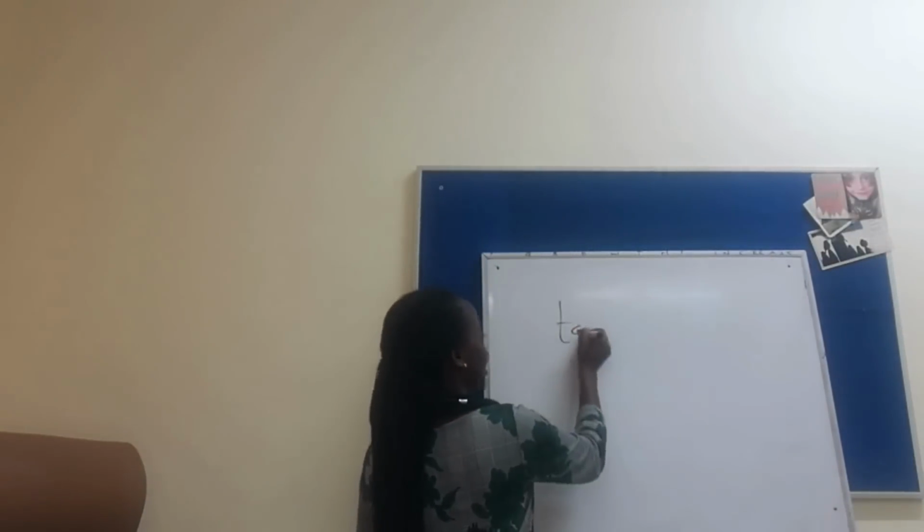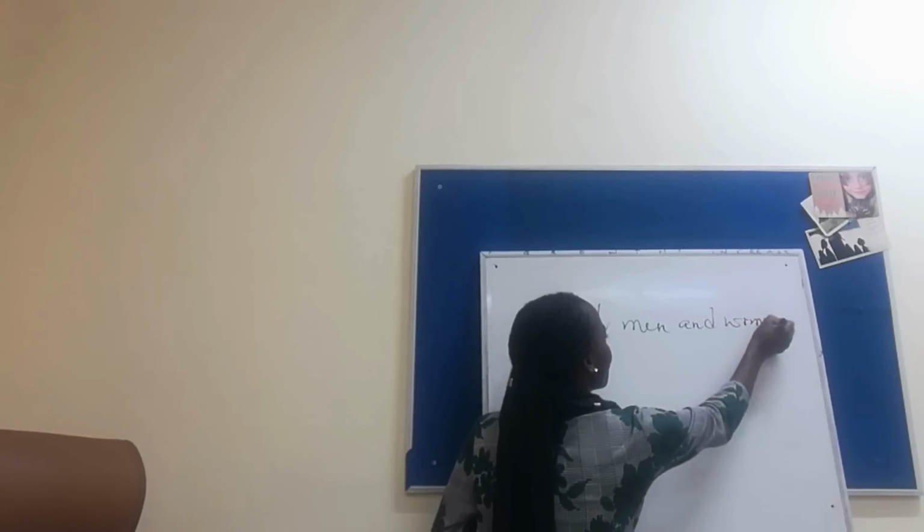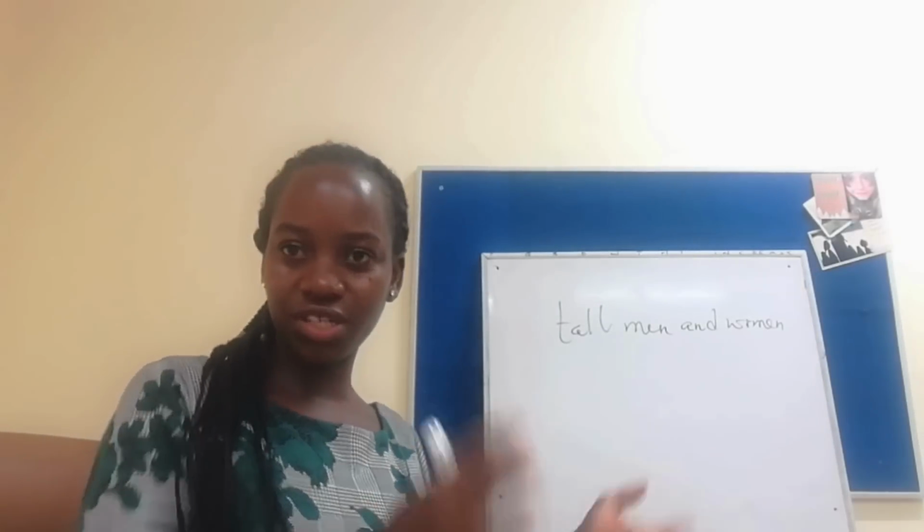So question 1: the security agency enlists tall men and women. Should I write the questions on the board? Okay. Here we find that it's an ambiguous statement. The phrase "tall men and women" suggests a situation where we are looking for just tall men and women.